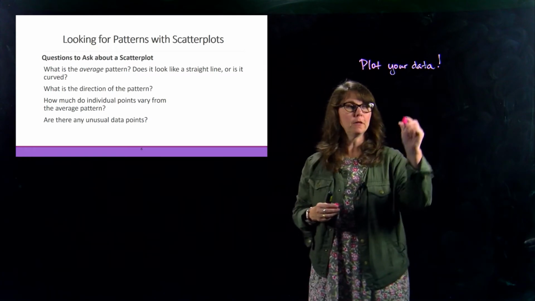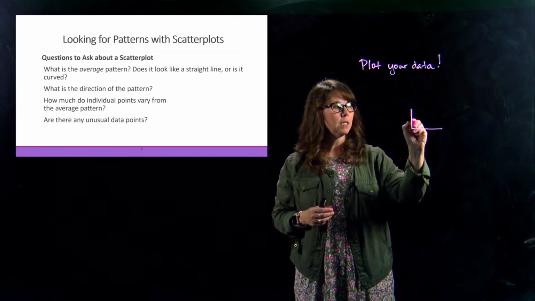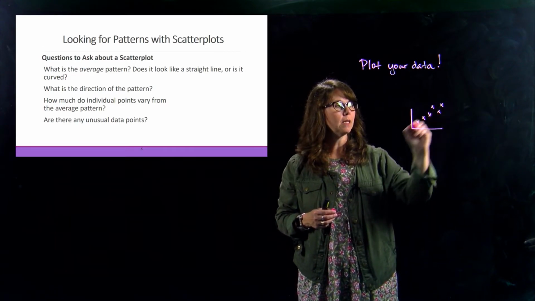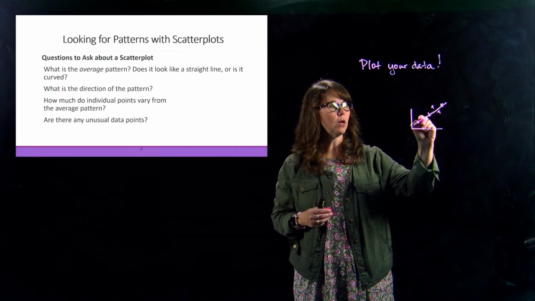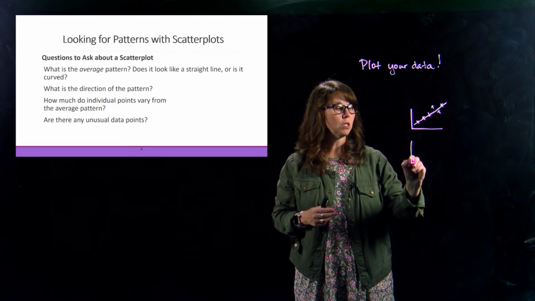So an example, and we just saw two different examples here, but if we have points lying fairly close to a line, then there's not a whole lot of spread going on. And that's a good association between the two values.